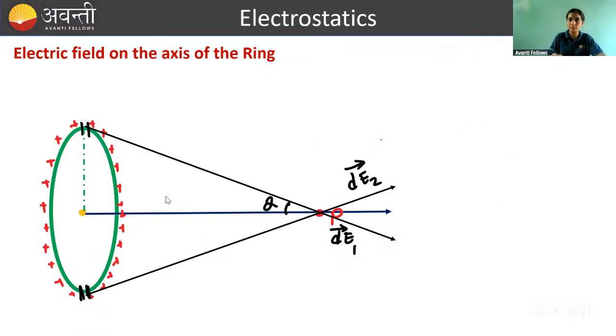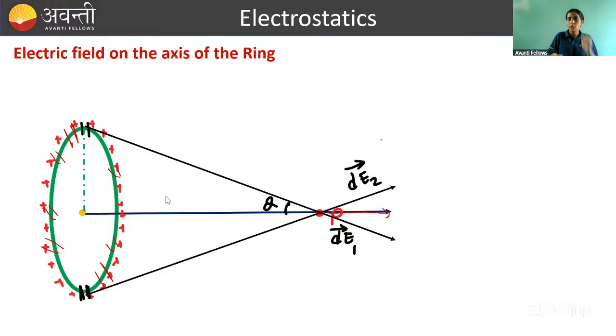For these two elements, only the x component will survive. Similarly, you can take another element here and one more element here. Then their x components will get added, and the y components will get subtracted. Done? So overall, if you add the electric field at point P because of all the elements, you will see that there is electric field only in the direction of the x-axis. That is only in this direction.